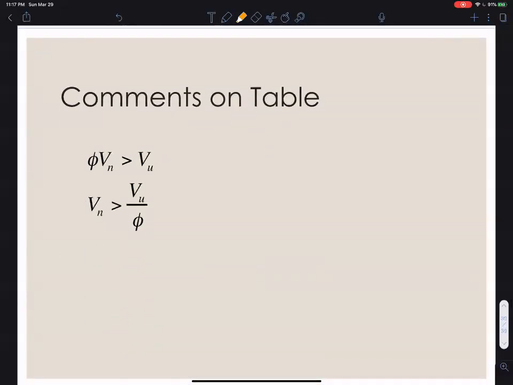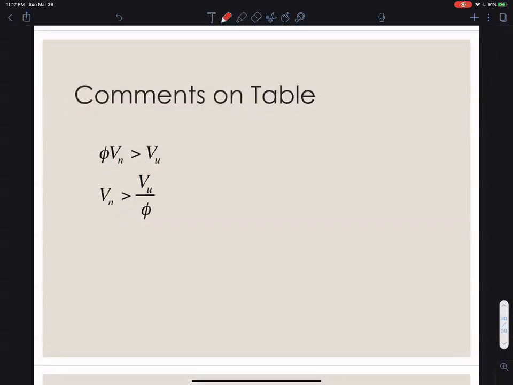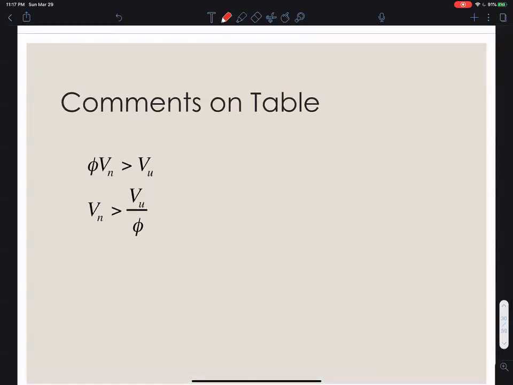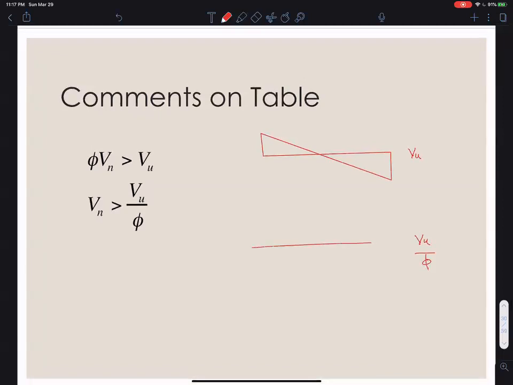Just some comments on that table. When I keep saying shear diagram, I mean Vu over phi, okay? It comes from this, right? Phi Vn greater than Vu, so Vn has to be greater than Vu over phi. You're going to have some kind of diagram. You're going to have Vu, and then you're going to divide that by phi, which is 0.75. And then it'll get bigger because you're dividing by a number smaller than 1.